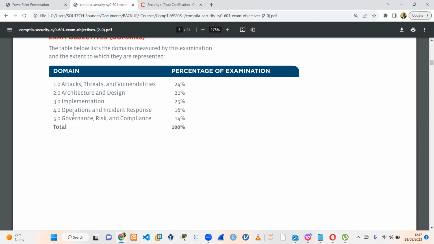If it's for cloud, if it's for software development, it's a whole lot of operations, from development to design, to launching, to ensuring continuous integration, continuous development. All of these things are operations. And when we have an incident, how do we respond to it? Then, of course, in the last one, we'll look at those basics in risks and compliance.